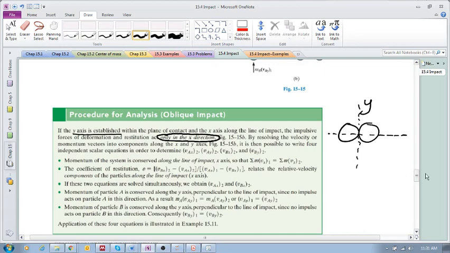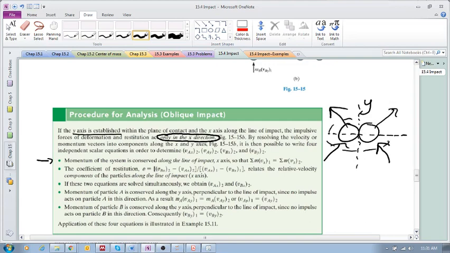Now, check this out. The first very important thing is that momentum of the system is conserved along the line of impact. The two particles are coming at each other, they collide, and then they move away at these angles.